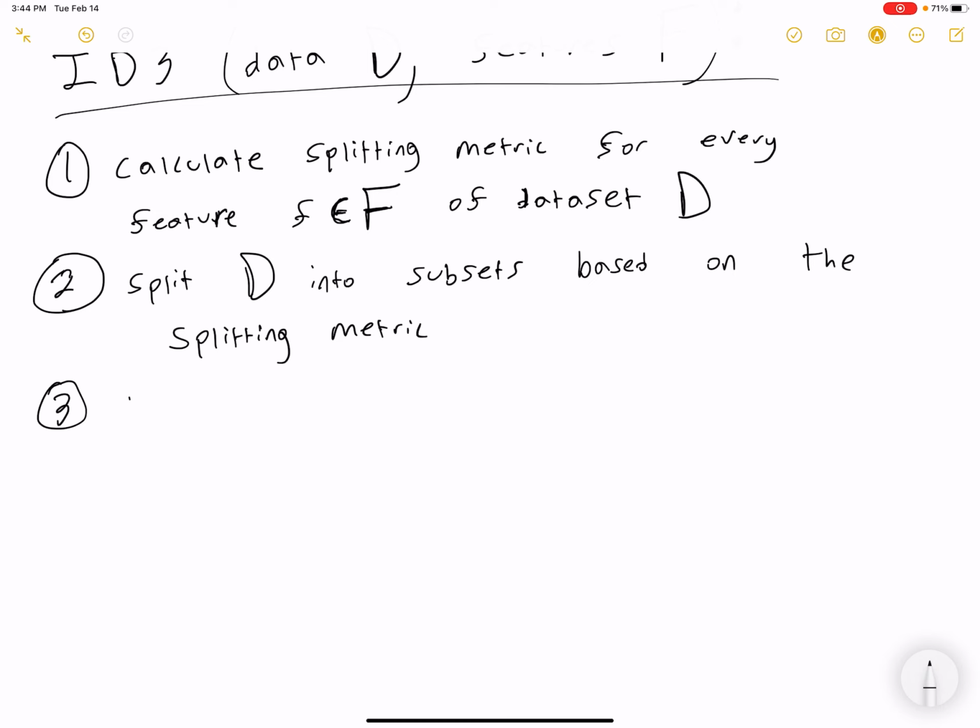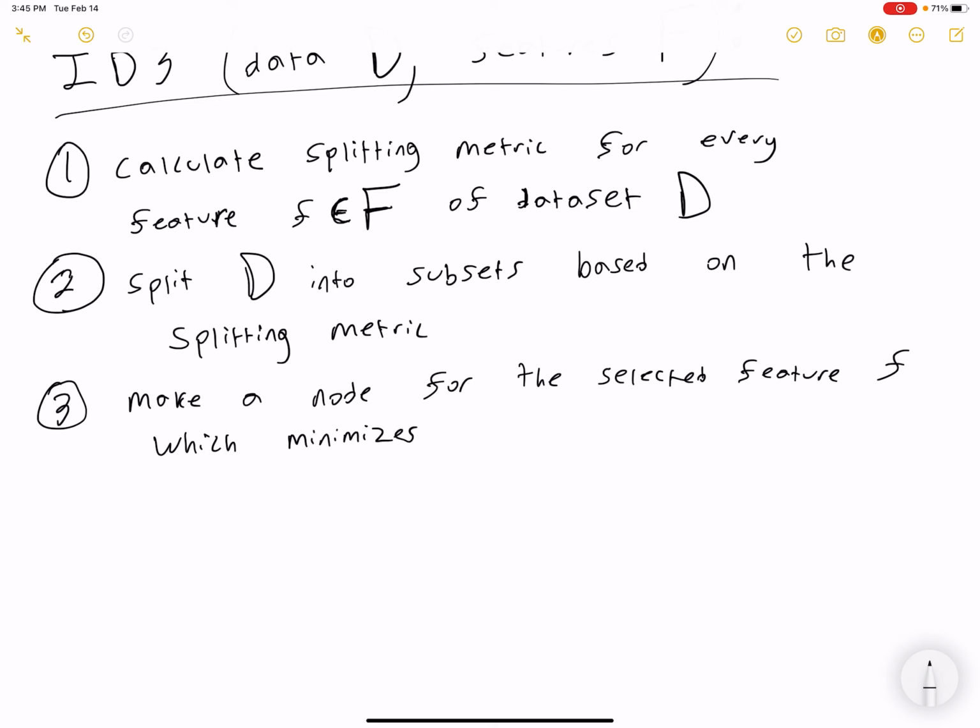Then we make a node for the selected feature F, which either minimizes or maximizes the metric.